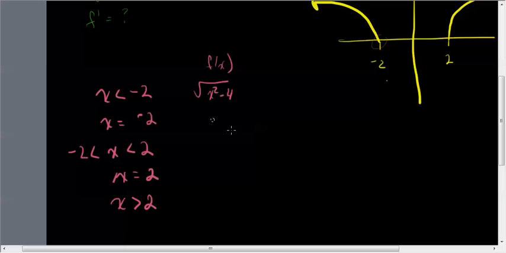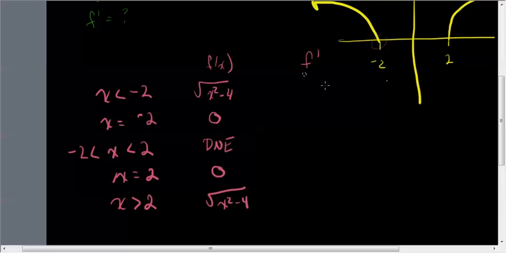The function equals 0. When x is between negative 2 and 2, the function does not exist. When x equals 2, the function has a value of 0. And when x is greater than 2, the function is the square root of x squared minus 4. All right, see this isn't an absolute value, but we treat it almost like it is. It's a piecewise function. We break it into its pieces.